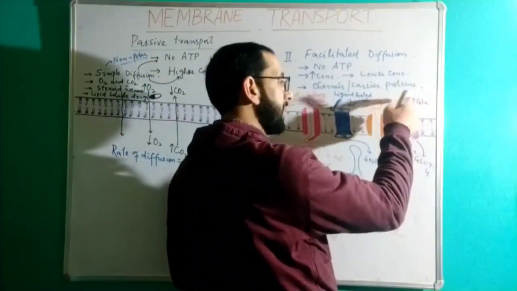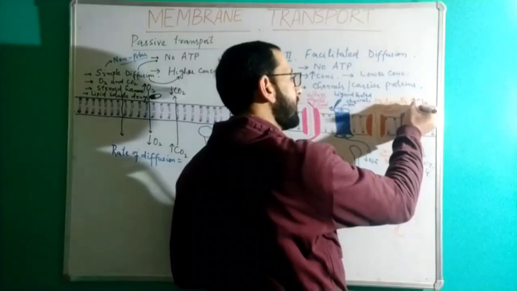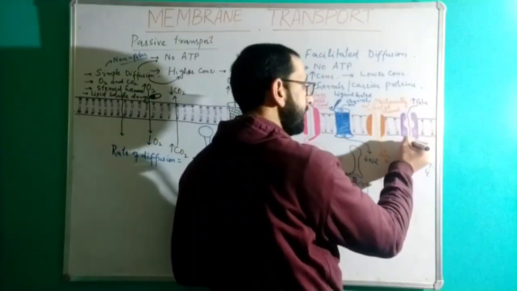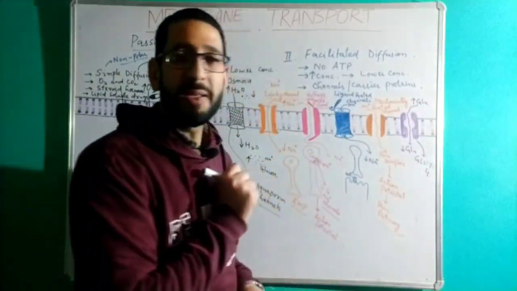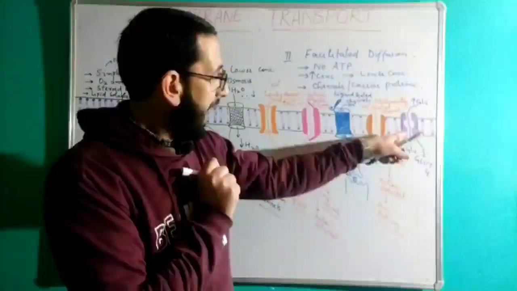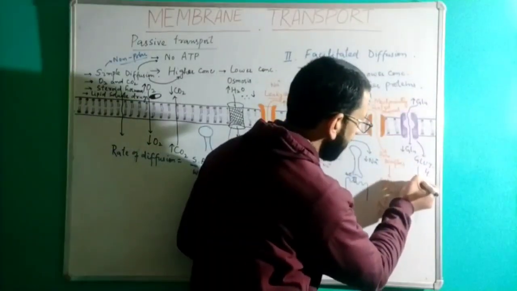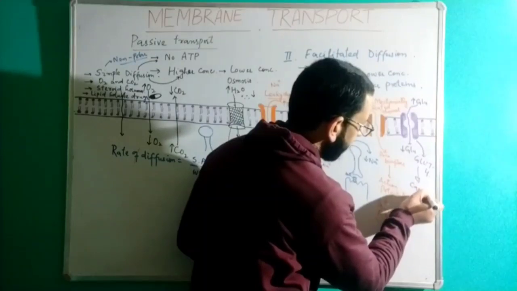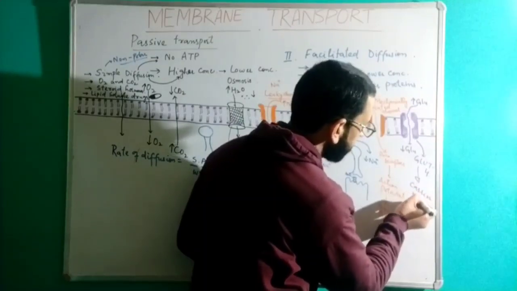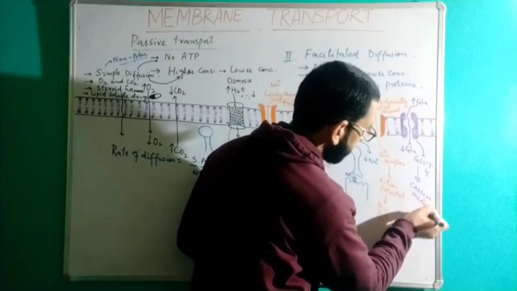Now we have to transport this glucose from outside to inside, from higher concentration to lower concentration, and this is going to be carrier mediated facilitated diffusion.